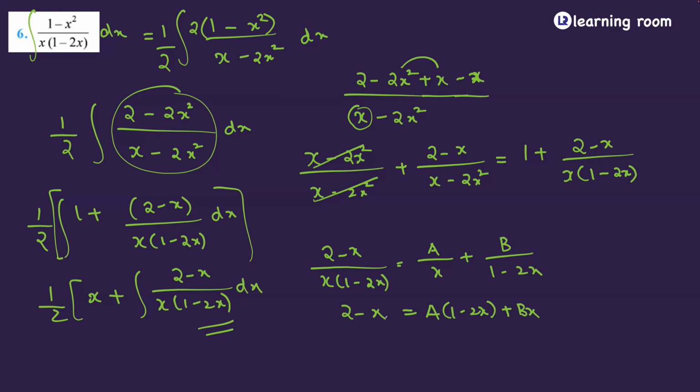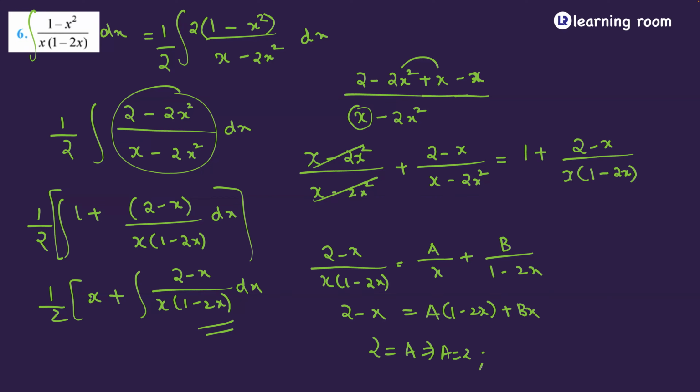So for me to find the value of a, what should I substitute the value of x as? See, if I want a, always put the value of the root that is obtained from the factor which is associated with b. So x is equal to 0. When I put 0, 2 is equal to a, which implies a is 2, obviously.